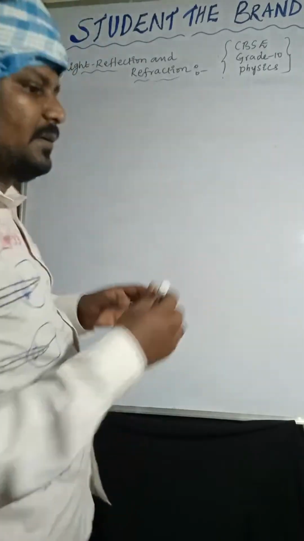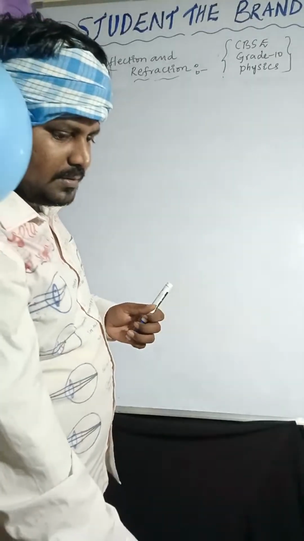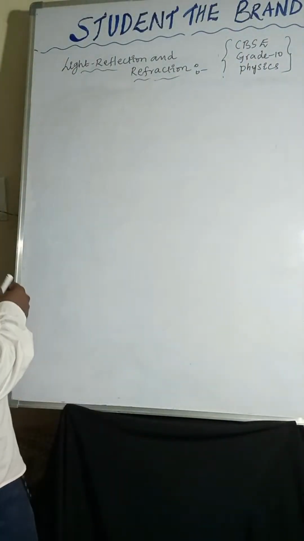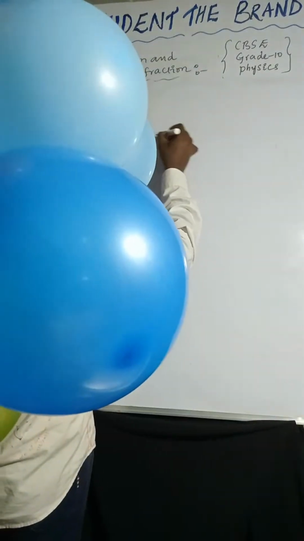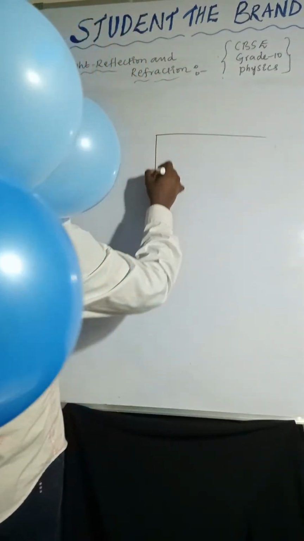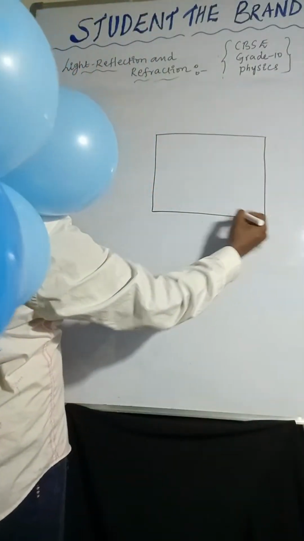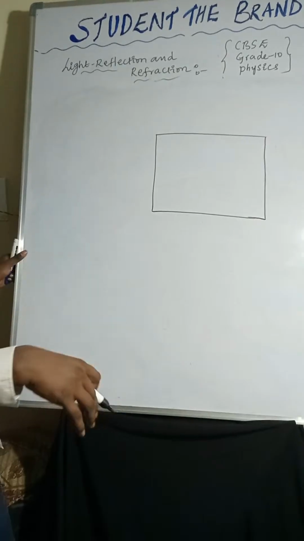Next, we are going to discuss one more topic, the glass slab. This is a glass slab. The light ray is passing from rarer to denser.